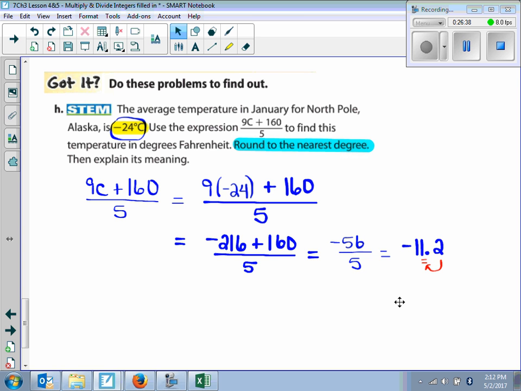Very good. So our final answer is negative 11. Negative 11 what? Degrees Fahrenheit. So that tells me, and this is the explanation, that negative 24 degrees Celsius is about negative 11 degrees Fahrenheit.